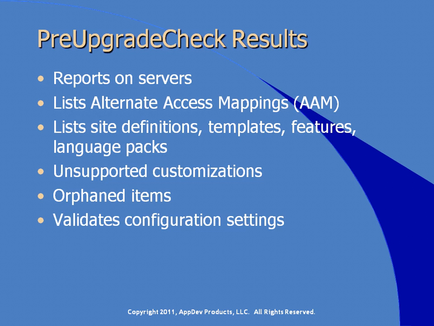Validates configuration settings for any missing or invalid configuration settings, such as a missing web.config file, invalid host name, or invalid service accounts within the farm. Database requirements. Reports whether the databases meet the requirements for upgrade.